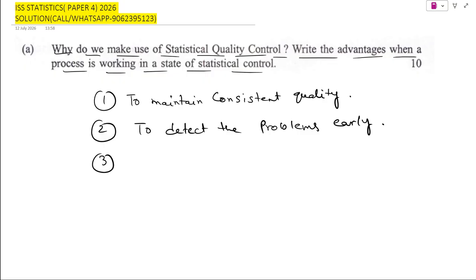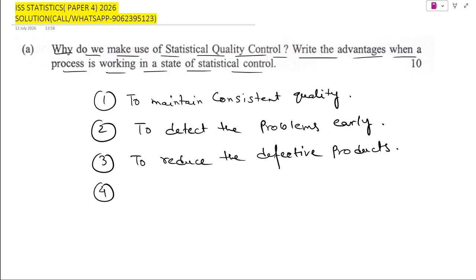Third, to reduce the defective products. By controlling the production process, fewer defective items are produced. So as a result, waste decreases, customer complaints decrease, and production efficiency increases.